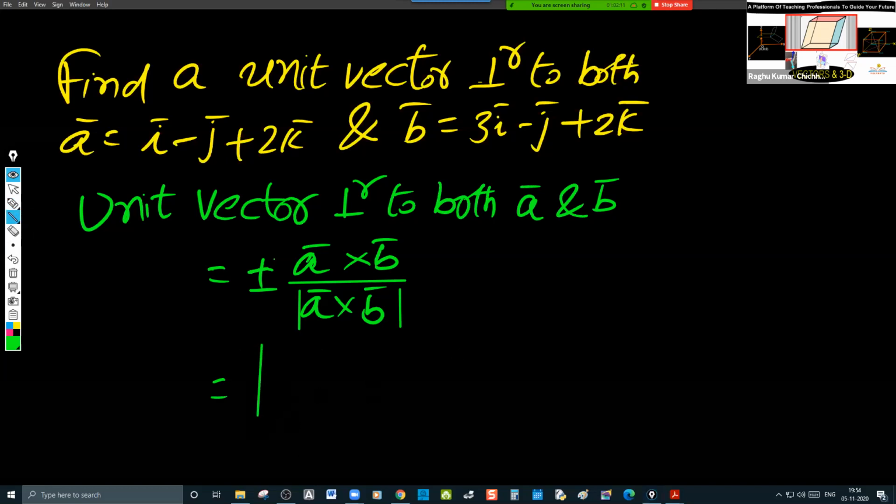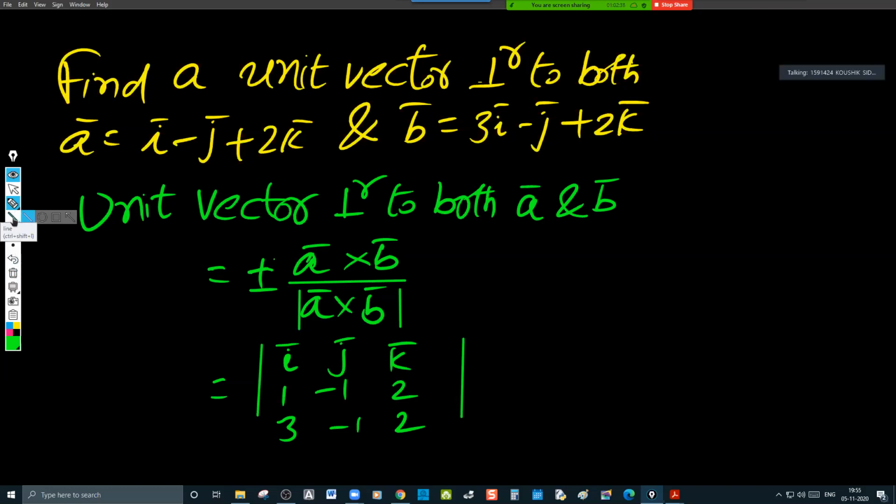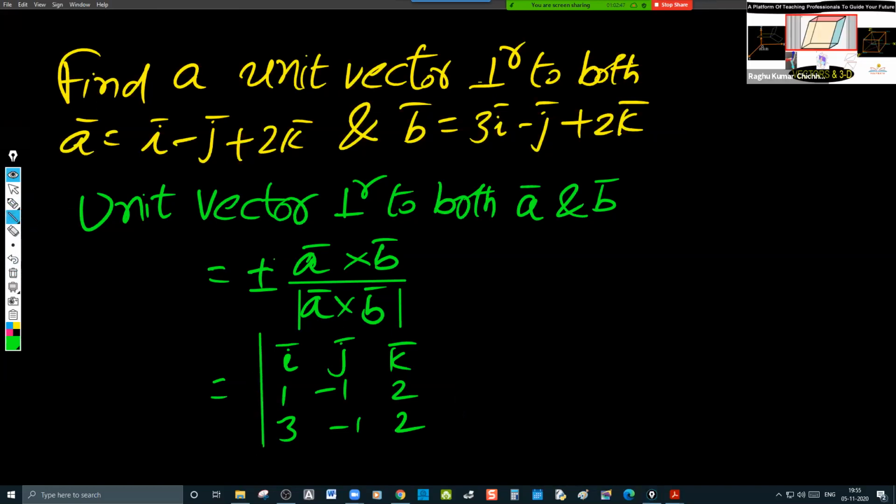Now, this is the determinant I'm writing here. Very simple. First row will be i bar, j bar, k bar. Second row will be 1, minus 1, 2. Third row will be 3, minus 1, 2. I did not prove it, but I'm writing this directly.